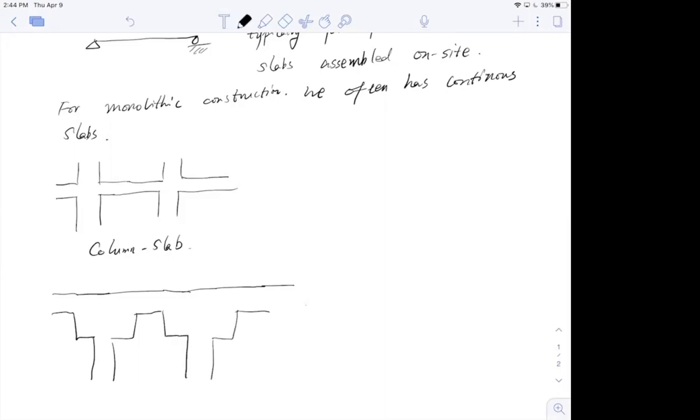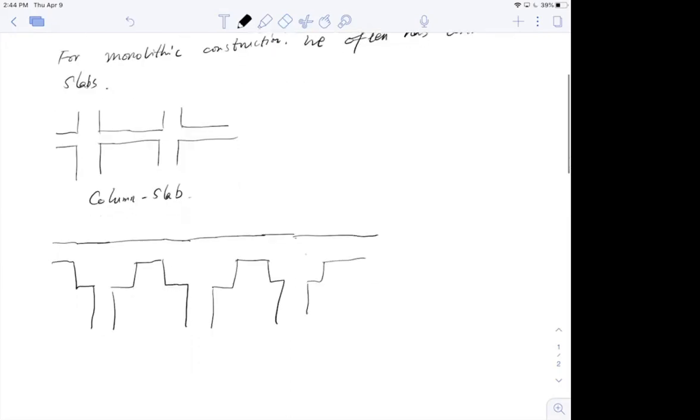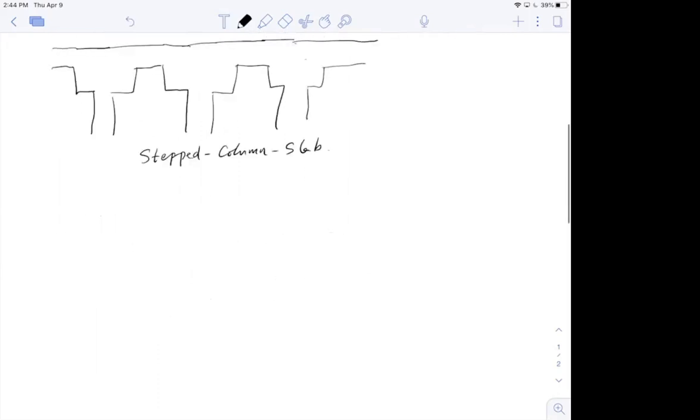Cap, cap. These are horrible, but this is the best I can do. Sorry about this. Now all these, so this is a stepped column slab system. For all this, eventually you're looking at a system like this.